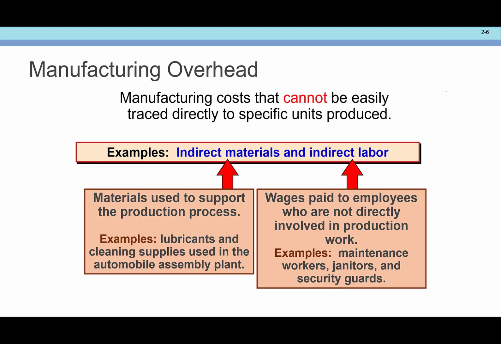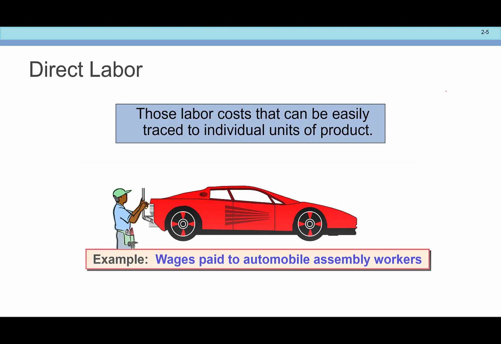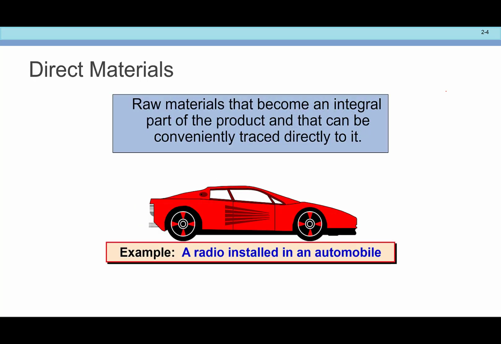Examples of indirect might be lubricants. Glue, for example, would be another example. If we're talking about sandwiches, let's say we're a sandwich shop, right? I would say the bread and the meat and the cheese that goes in that sandwich are going to be direct, right?